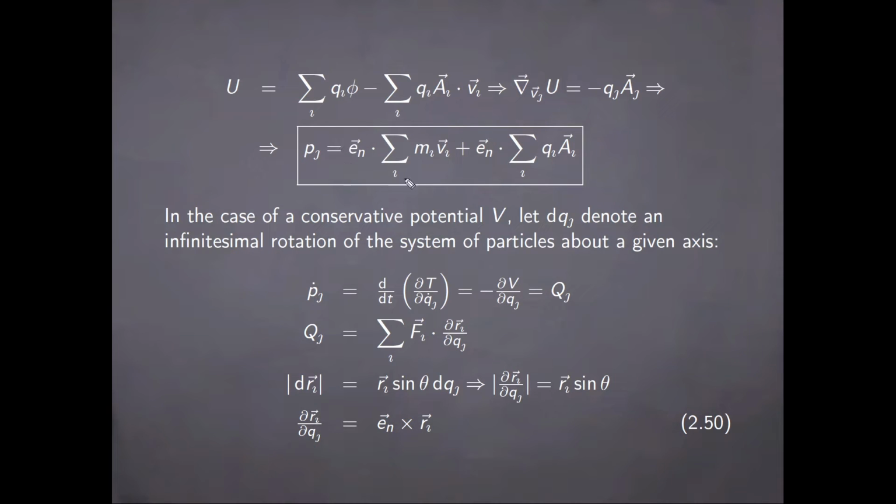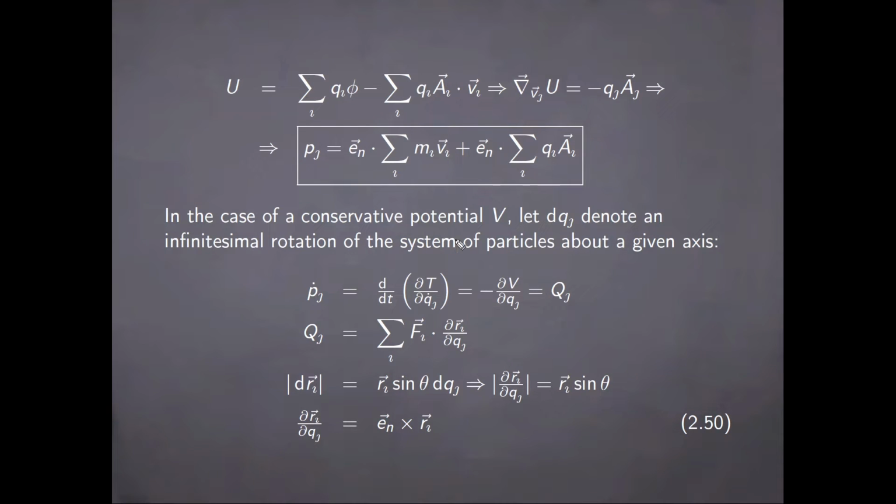One of them is the projection of the linear mechanical momentum on the direction in which the system is moving, and the other one is the projection of the field's electromagnetic momentum on the same direction.